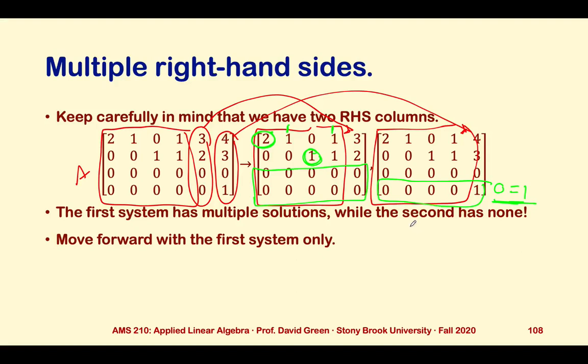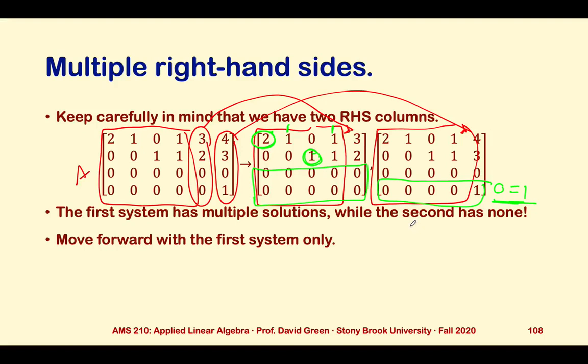This is something we're going to get at further on down the road. It is absolutely possible for different right-hand sides to change the nature of the solutions. In particular, a system can have no solutions for some right-hand sides, while it has solutions for other right-hand sides.